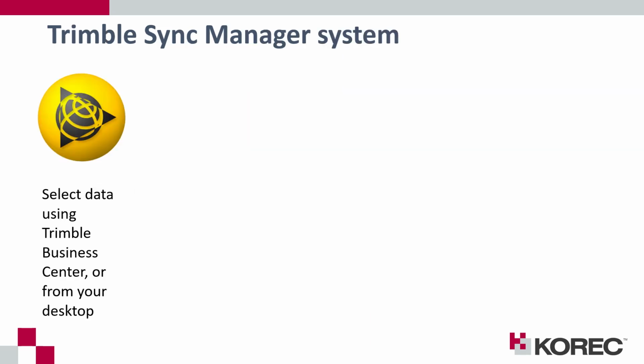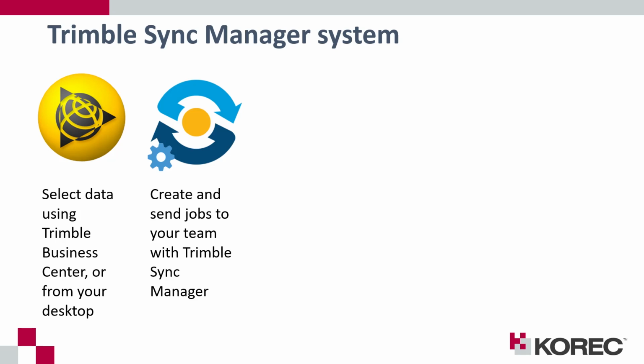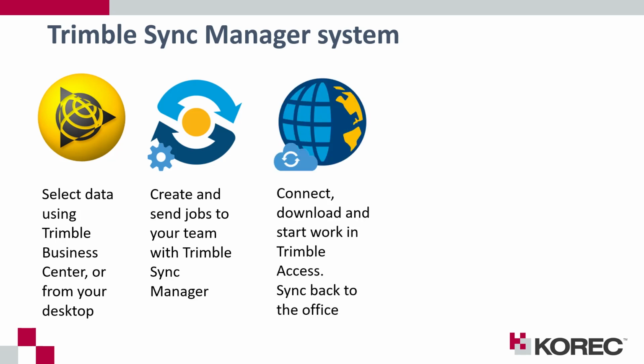So Sync Manager, how it works. You select the data using Trimble Business Center, or you use your online app or your app on your desktop, so you open your Sync Manager. Once your application is open, either in Trimble Connect, Trimble Sync Manager or Trimble Business Center, you create and send the jobs to your team via Sync Manager.